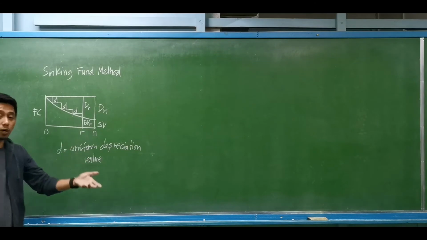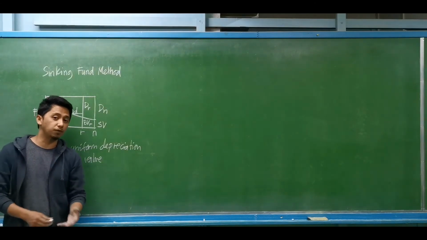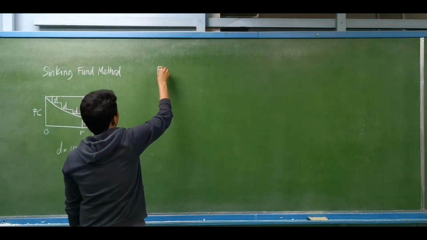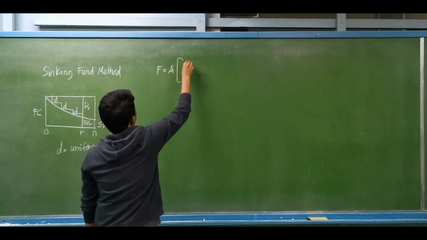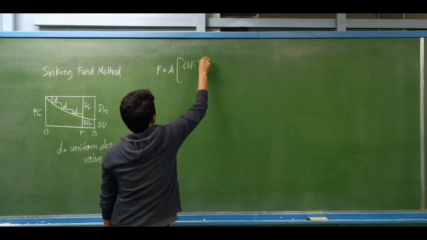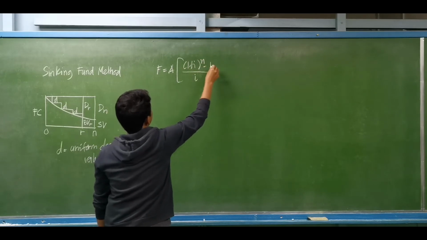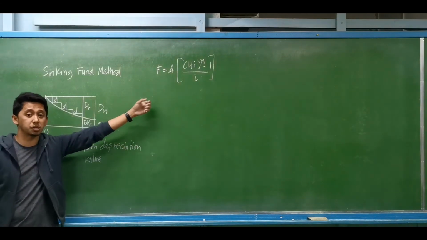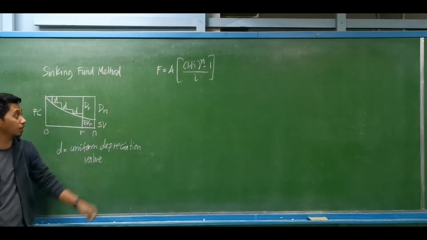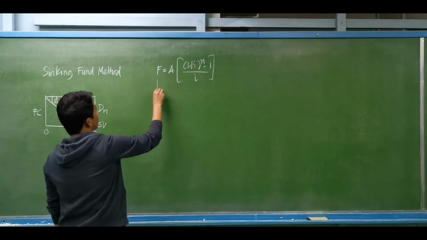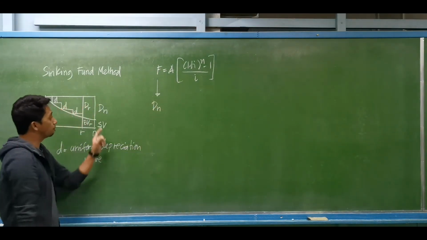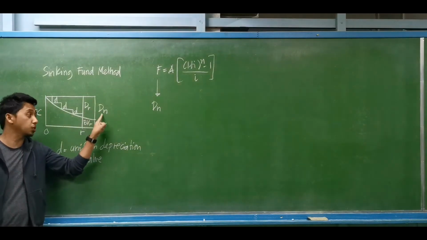If we are to recall our equation for the annuity, the future amount is called the annuity multiplied by (1 plus i) raised to n minus 1, divided by i. It has the same concept as the future amount of an annuity. So here in the sinking fund method, instead of using F, we are using D sub n, that is the future amount of the depreciation.